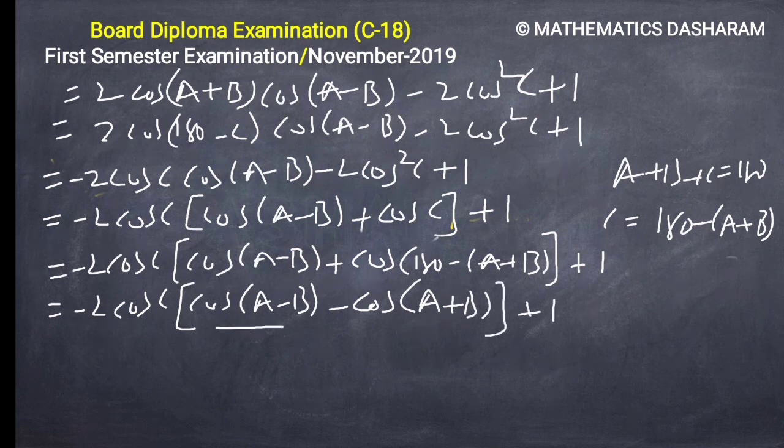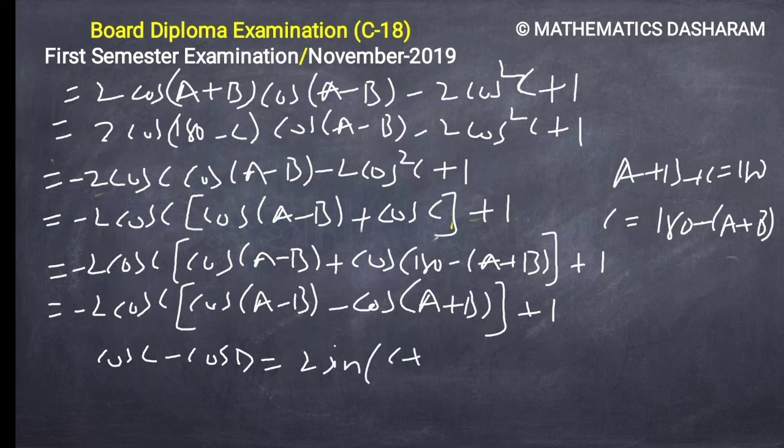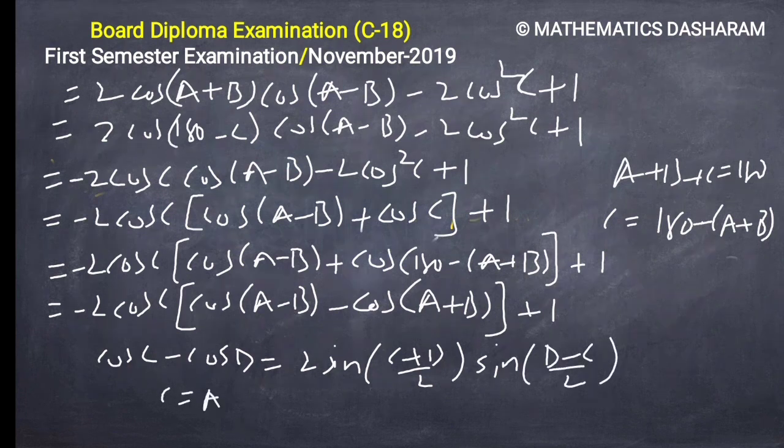So here the cos c minus cos d formula. Cos c minus cos d equals 2 sin (c plus d) by 2 into sin (d minus c) by 2. So here c value is a minus b and d value is a plus b.